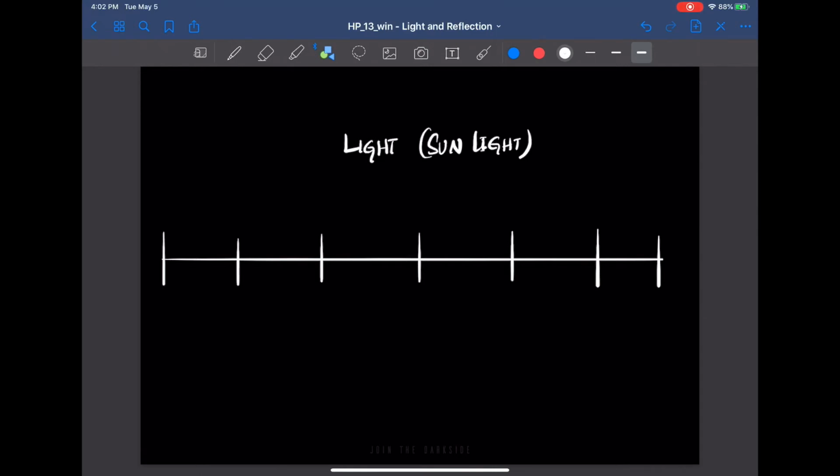In the entirety of the spectrum that we saw, this small sliver of the spectrum is visible light. This is the light that you can see.